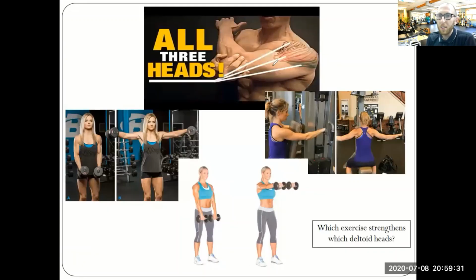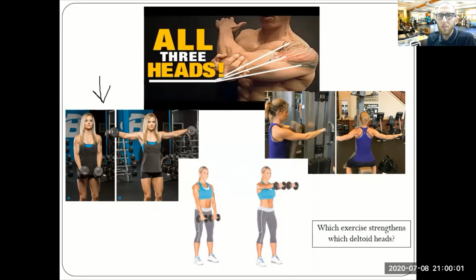So let's talk about different exercises. This is actually Mr. Athlete X right here, and he's drawn on the different fiber directions of the muscle. But down here you can see various exercises. Let's go through this example because this is a good example to show you what's going on. Let's say this picture right here of this woman doing some shoulder raises.